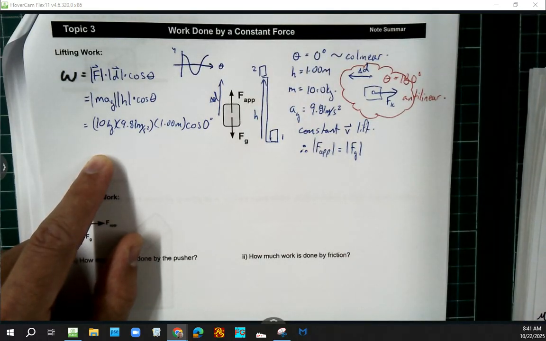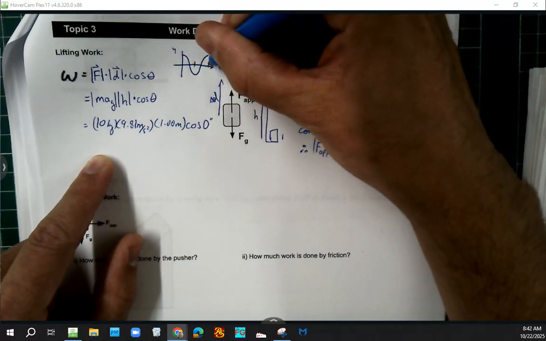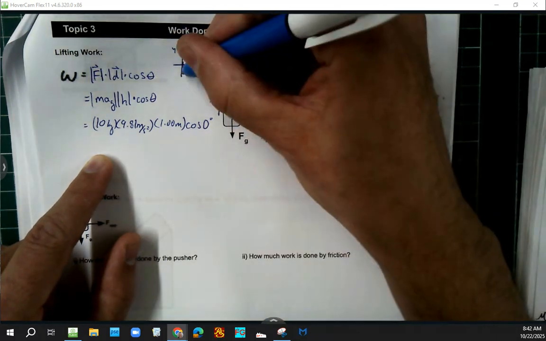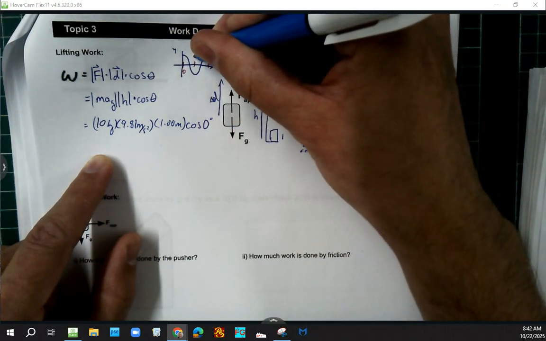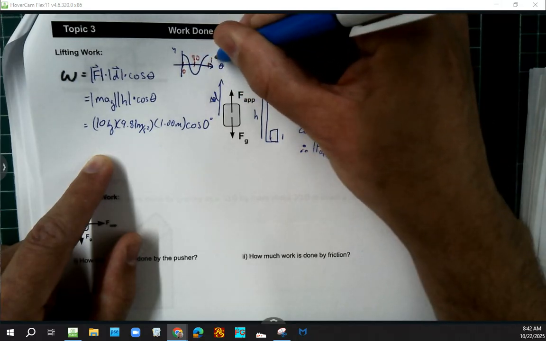And I want to think critical points. I'm just going to say 3 critical points: at the 0 degree mark, at the 90 degree mark, and at the 180 degree mark.